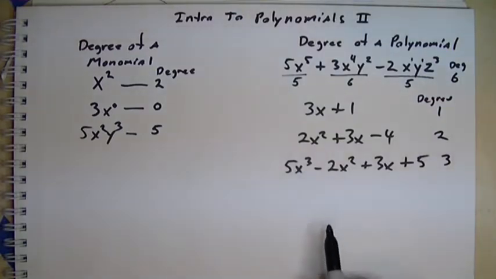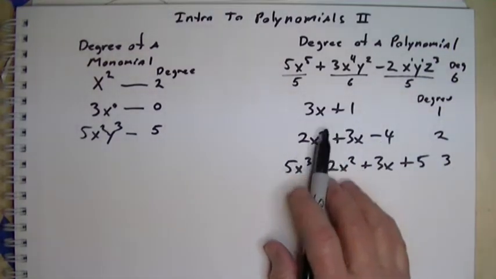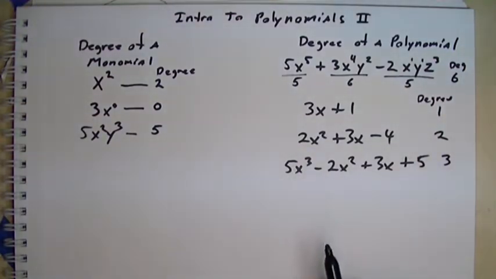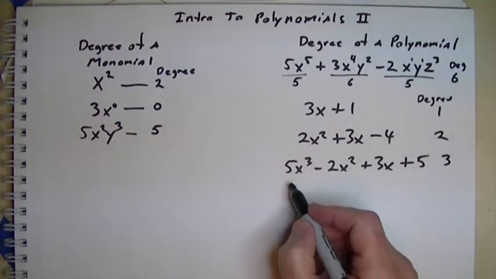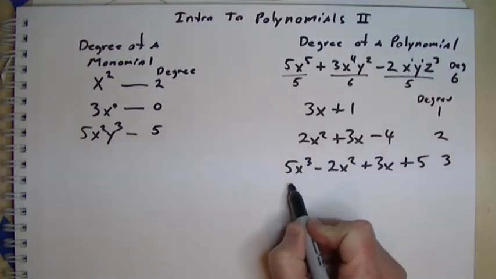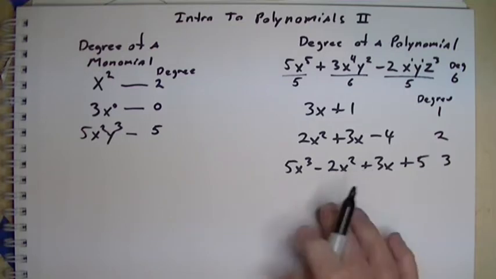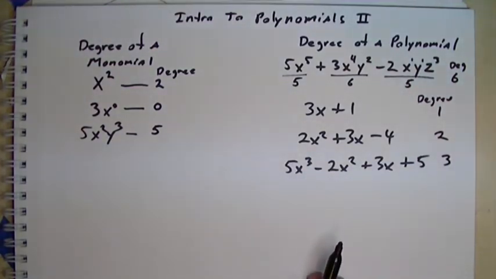Okay? And that's one of the reasons why mathematicians always tend to write these terms in order of their degree. It just makes the polynomial easier to read and analyze when you know that the term that essentially carries the biggest weight, so to speak, that kind of drives the train on what this particular polynomial is doing, is always going to be the one with the highest degree.